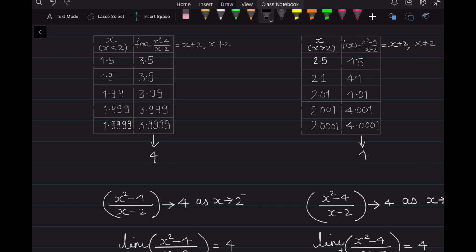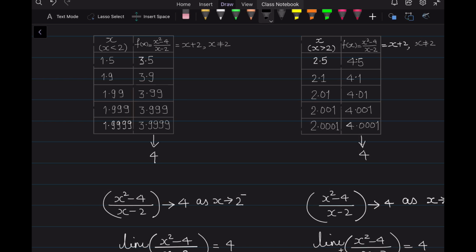So while calculating the y values in this case, we could use this expression instead of using this expression because this expression is a lot easier to work with. For example, when x is equal to 1.5, 1.5 plus 2 will give us 3.5. In this way, using this expression instead of this expression, we can quickly calculate the corresponding y values.